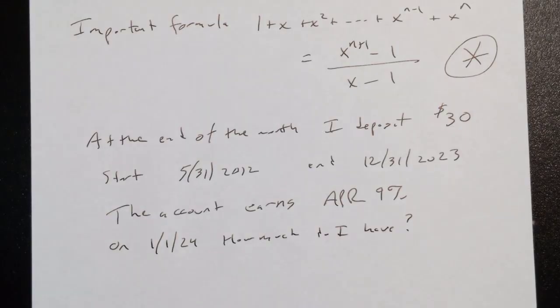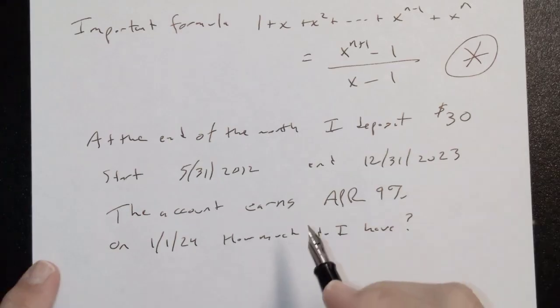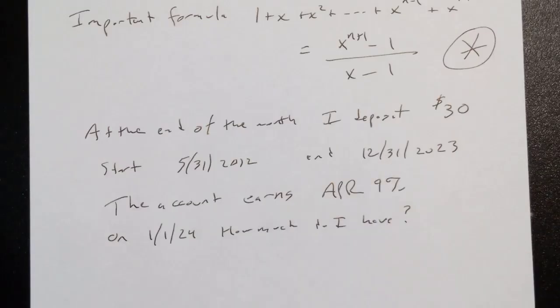I absolutely do not want to figure out the future value of each individual deposit here. Why? Over 10 years' worth, right? How many deposits do I make? Well, all of 2023, 22, 21, 20, 19, 18, 17, 16, 15, 14, and 13.